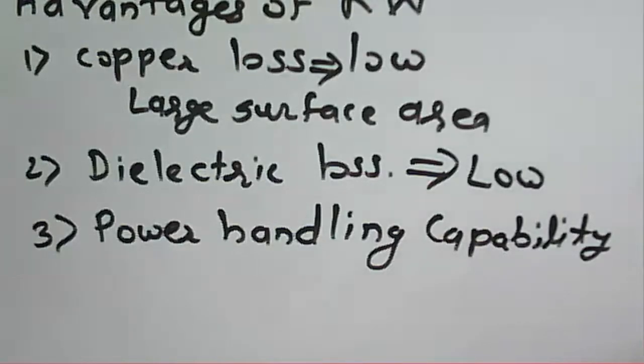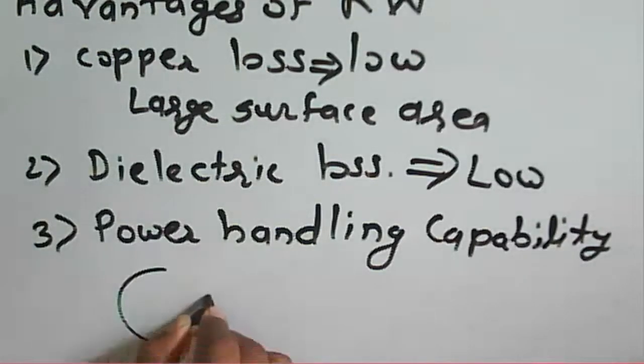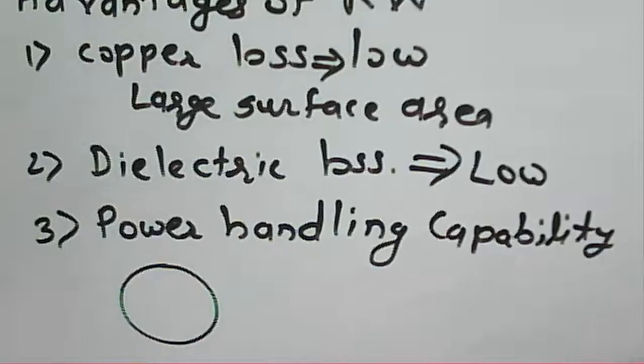Why is that? If you see the structure of a two-wire line or a coaxial cable, now this is a circular wire.